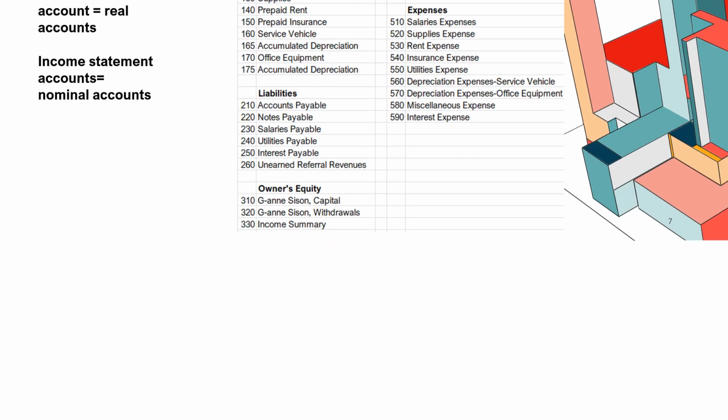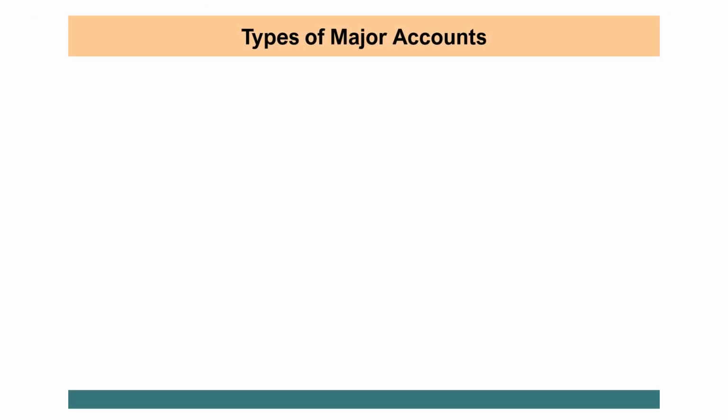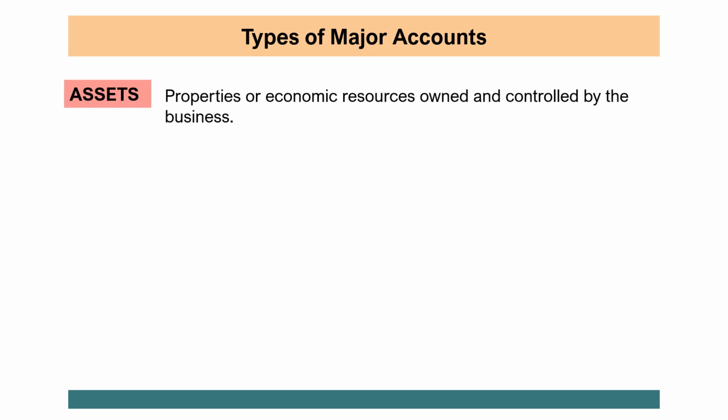Okay, let's move on to the different account titles. Under assets, we have the current assets. We divide assets into current and non-current assets, and I will be sharing with you the account titles under each.